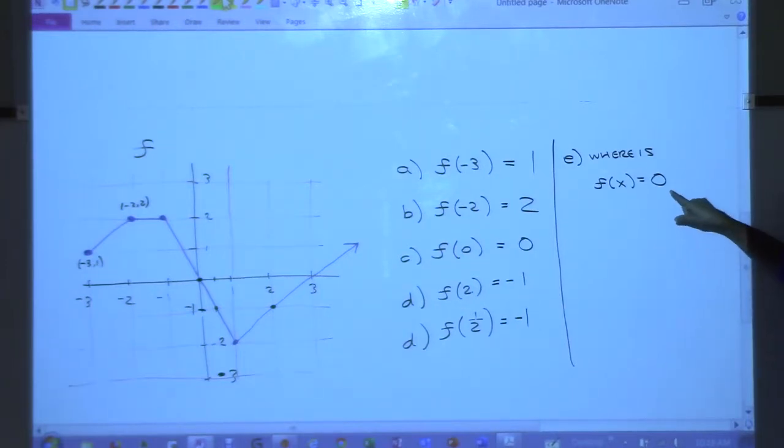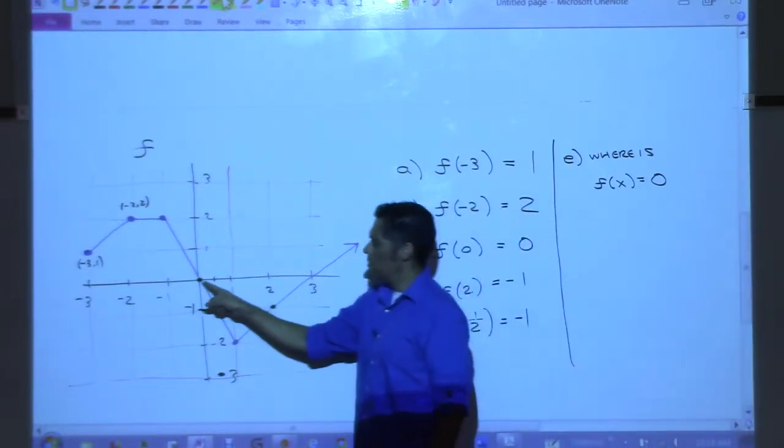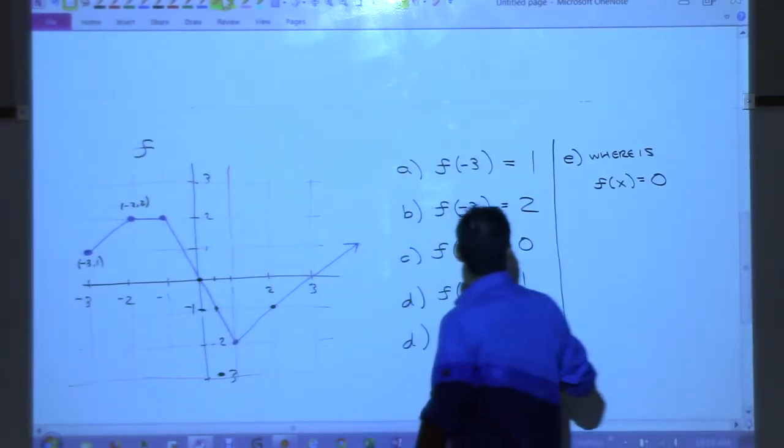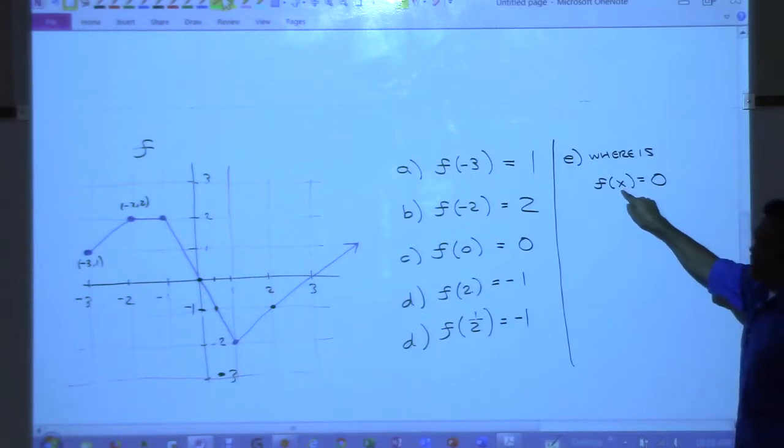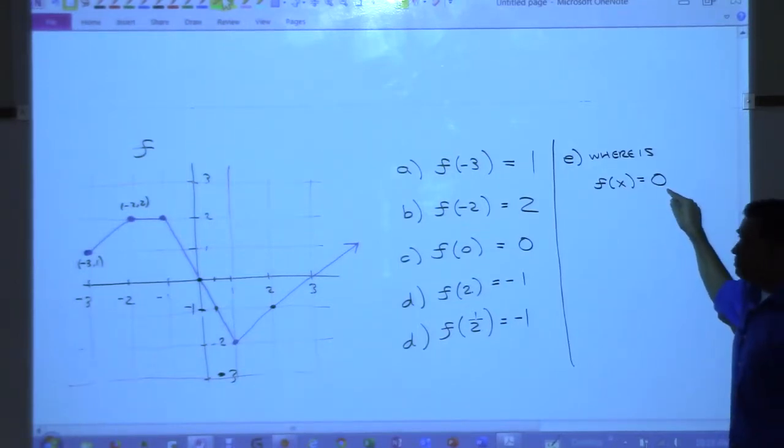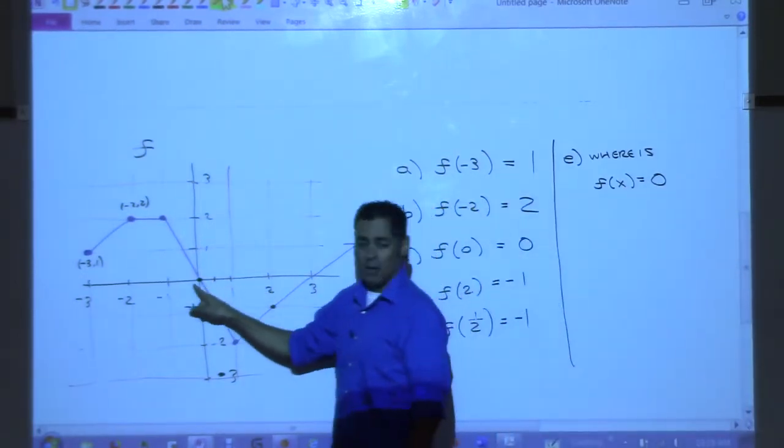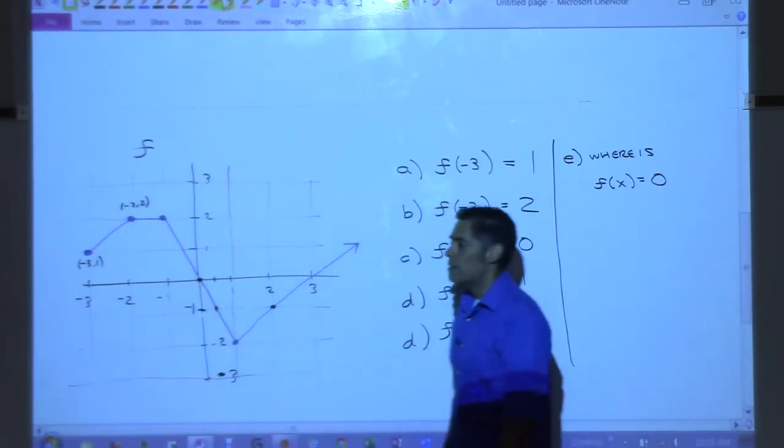So I'm asking, for what value of x do you plug in and get a y value of 0? So at 0, right here? Is that what you're saying? Do you all agree with that? The x that would spit out a 0 happens right here. Agreed? Okay, is that the only answer, Devin?